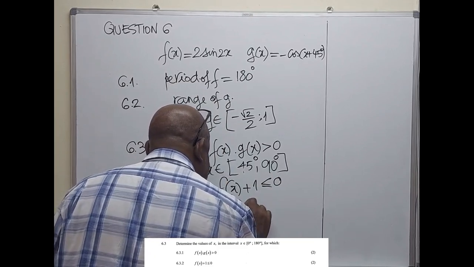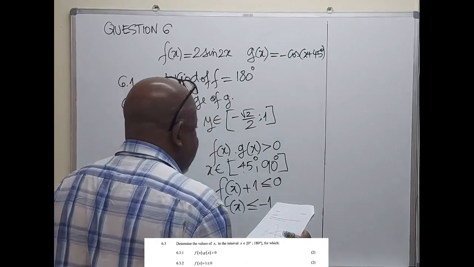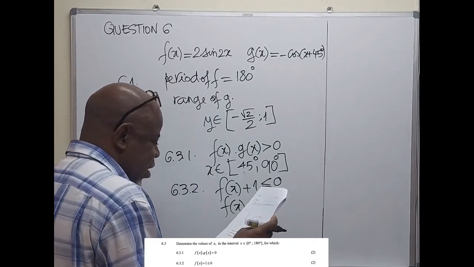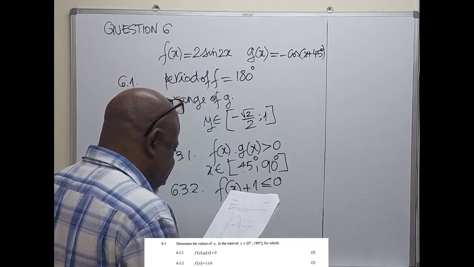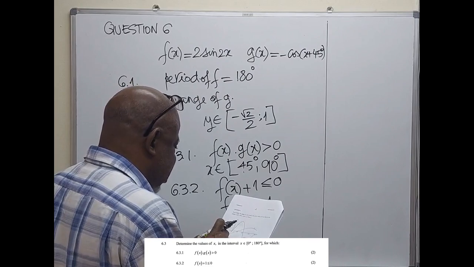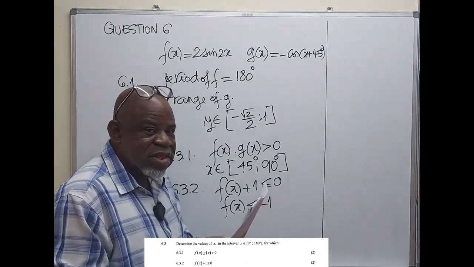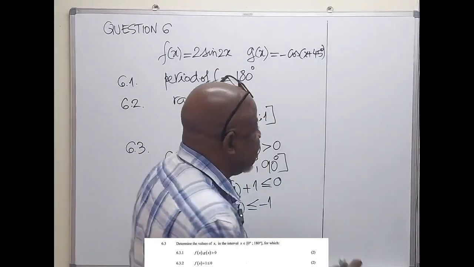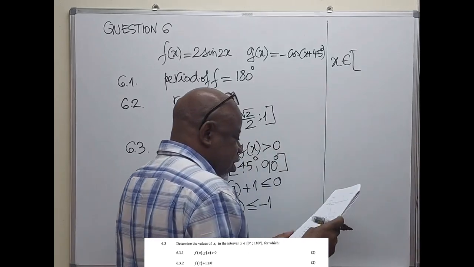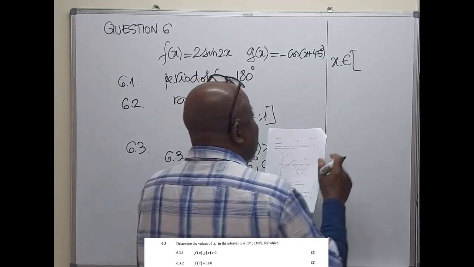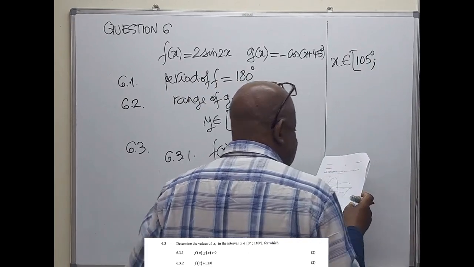We're going to solve for f of x less than or equal to -1. If you watch our diagram, the first angle is 105 degrees.